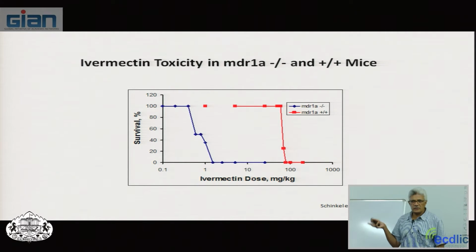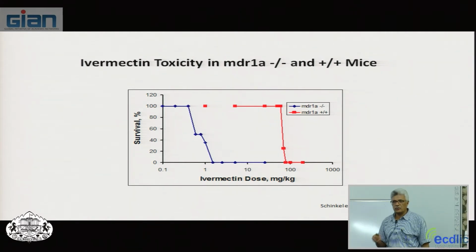We also discussed yesterday, I think, or the day before yesterday, I told you about when they were developing the mouse colony lacking P-glycoprotein, they almost lost the whole colony because the mice which lack the PGP genes are hypersensitive, and this is what is experimentally shown.